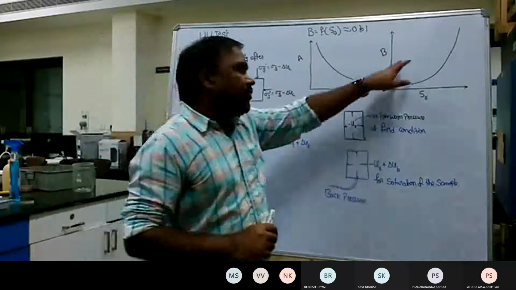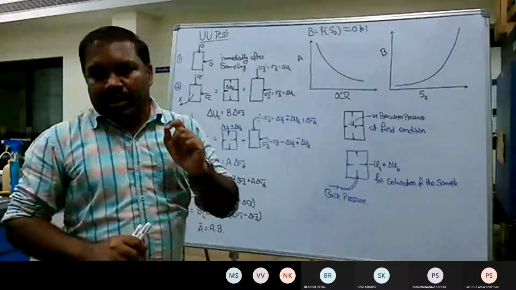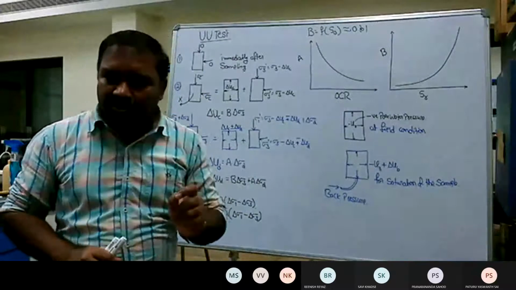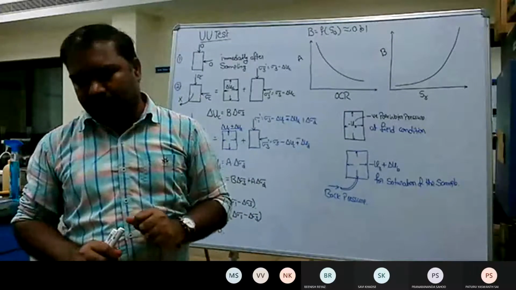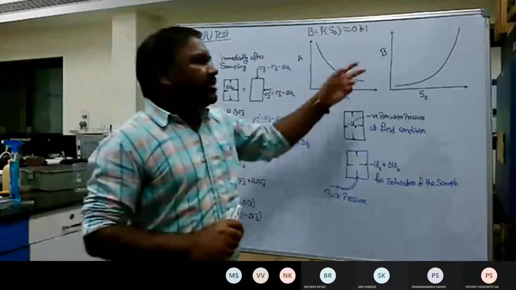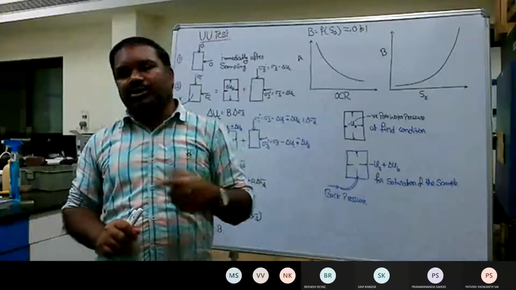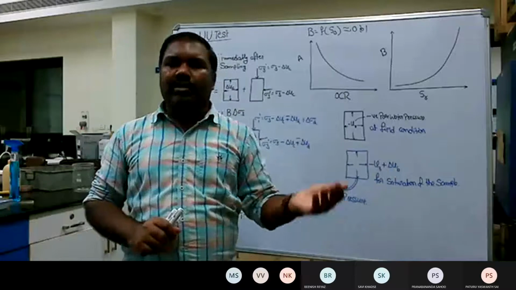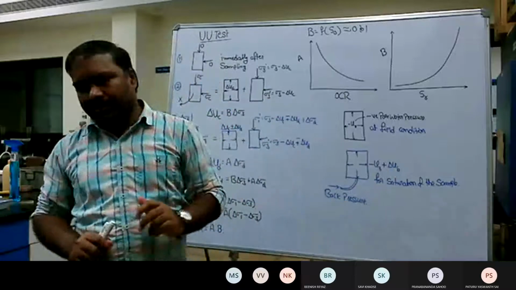This is a condition. So it is interesting to note what would be the value of B at the field condition. Then only we can understand whether the sample is fully saturated or partially saturated. Then accordingly, either we need to saturate the soil sample or there is no necessity at all.